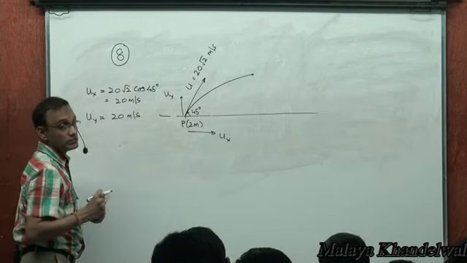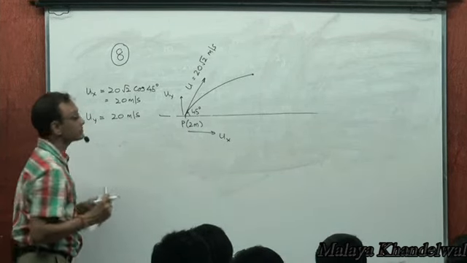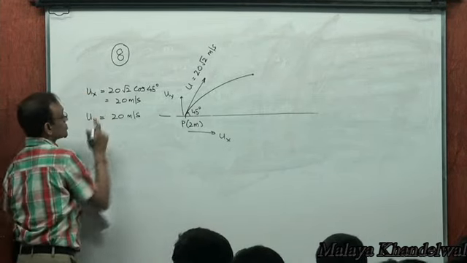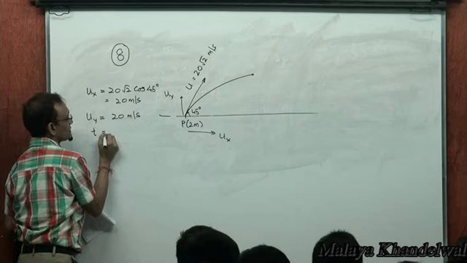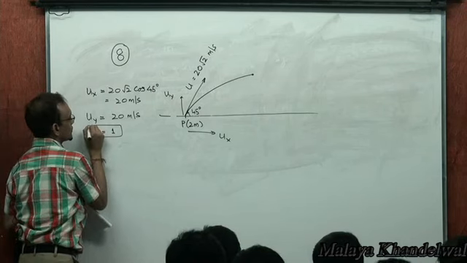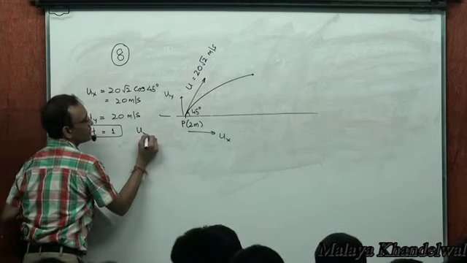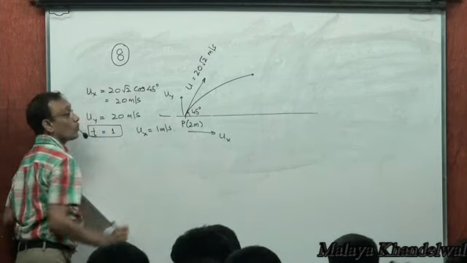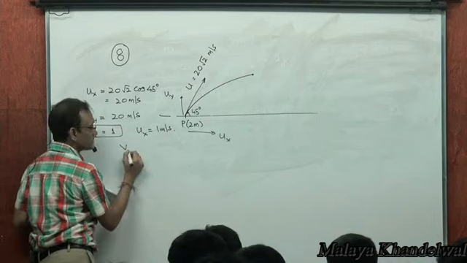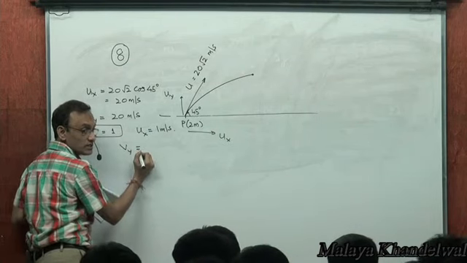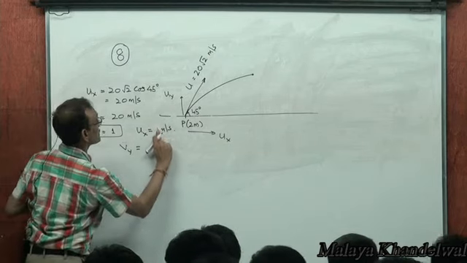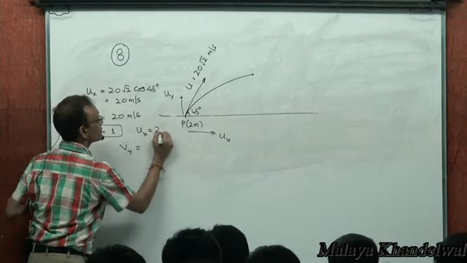At t equal to 1 second, ux remains 20 meters per second.